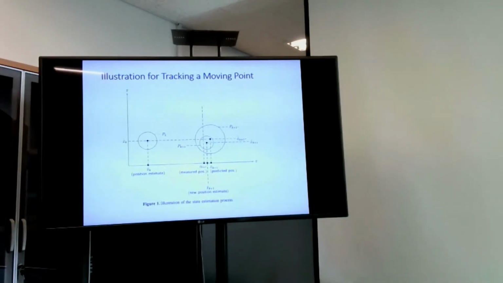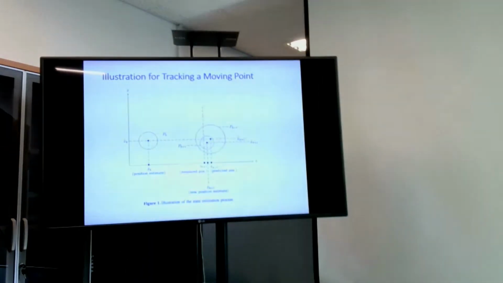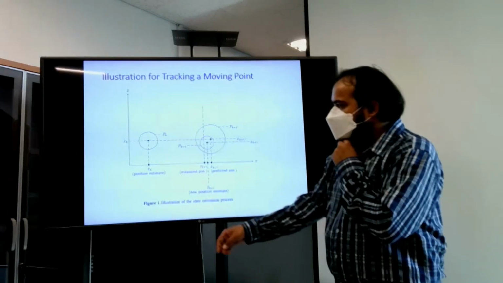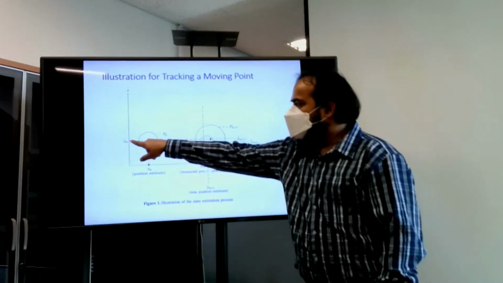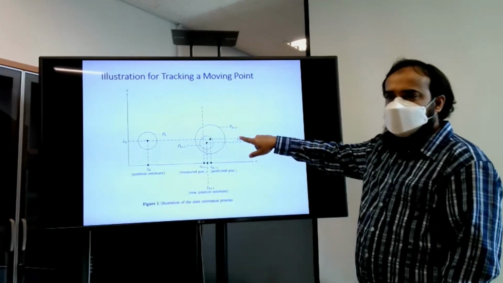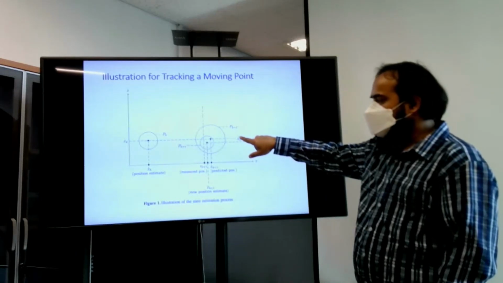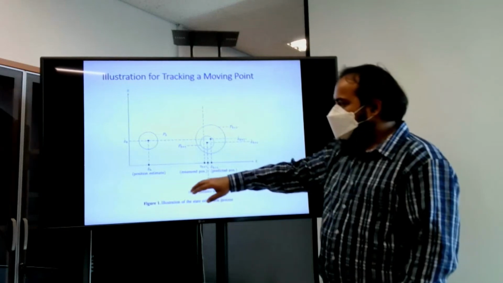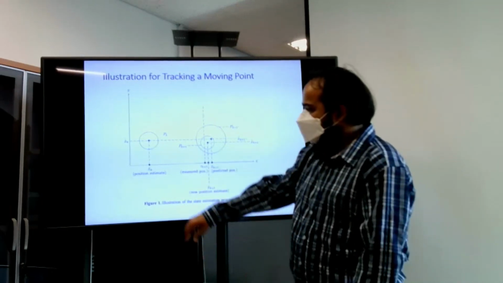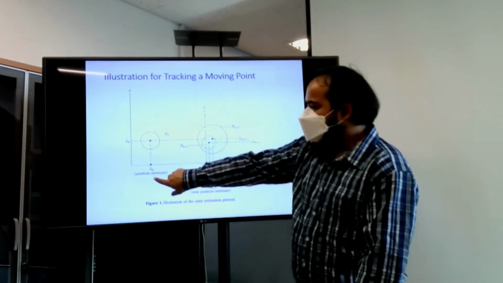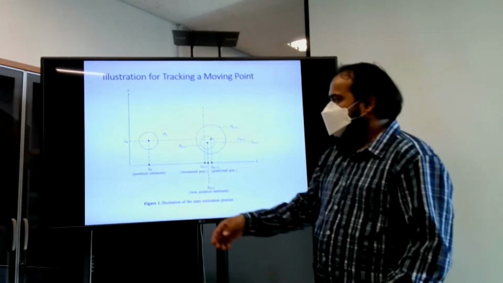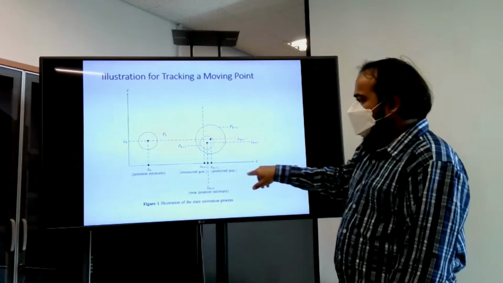And again, this is the same thing that I have explained. If you have any question, here this line is the trajectory of the moving point. This is the first scan, this is the next scan. This position is assumed to be already known, so that we can calculate the other things.